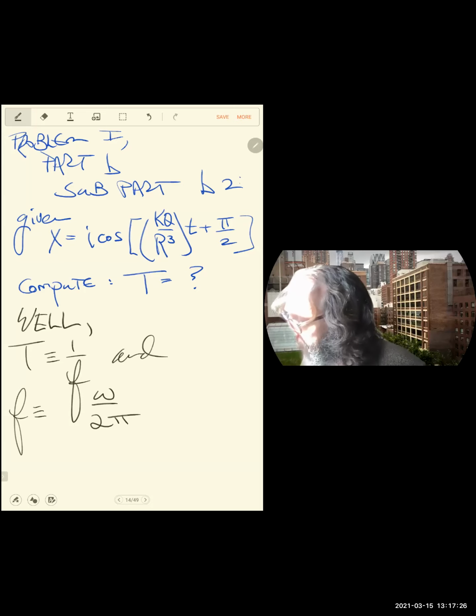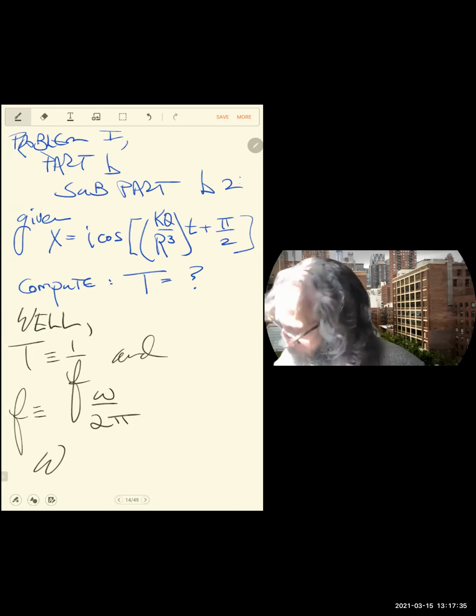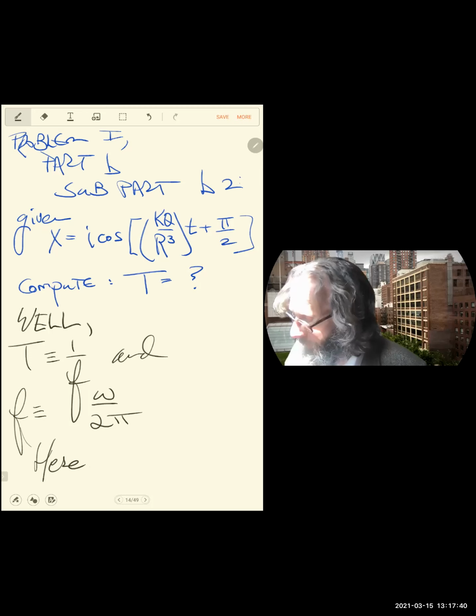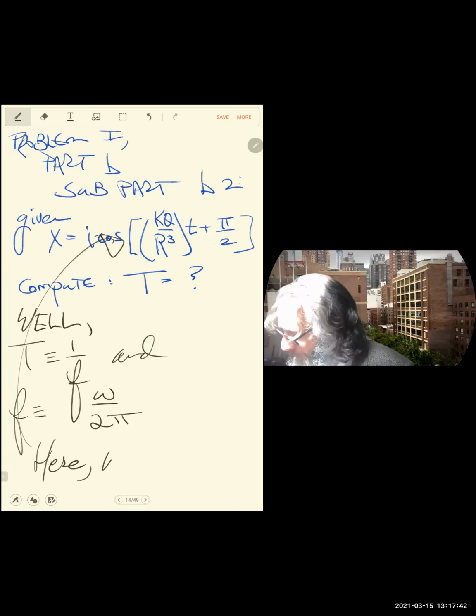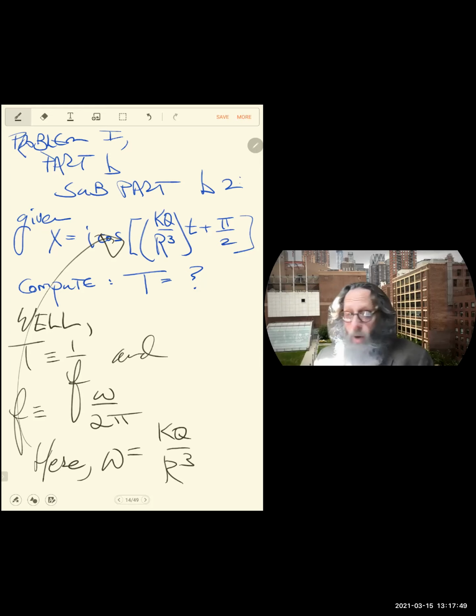Now here's where I have to be careful. According to this thing, and I may have messed this up in the posted solutions, omega necessarily is KQ over R cubed. Not the square root of that, but just that, because that is what is appearing right before the T independent variable term in the cosine argument.